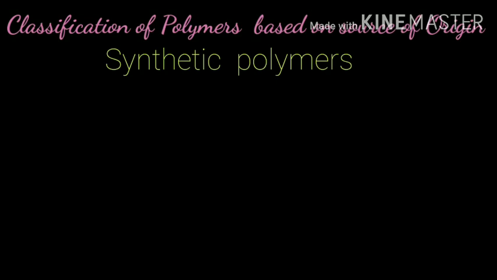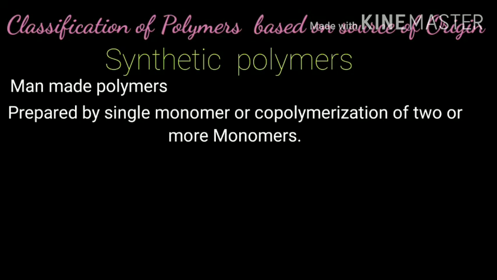Synthetic polymers. Synthetic polymers are the polymers which are made by man. So they are man-made polymers. These polymers are prepared artificially either by using one monomer or copolymerization of two or more monomers. Copolymerization means you can use two or more monomers which are different from each other.